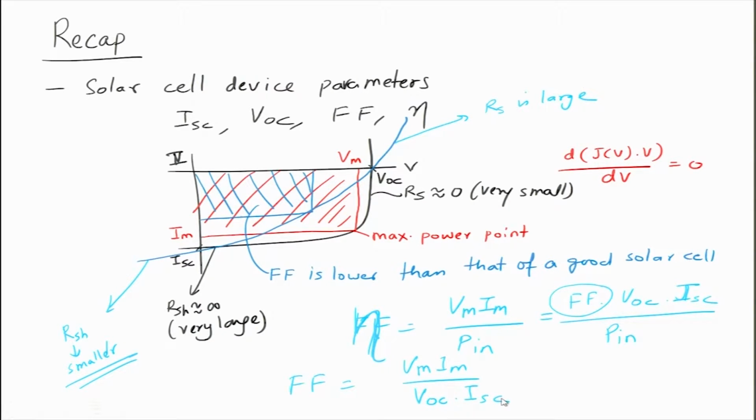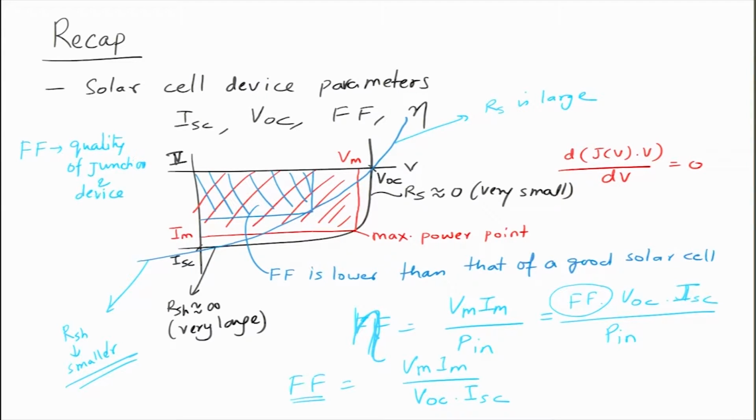So, you can see from these expressions, you want to maximize Vm Im, which is by maximizing fill factor, but you also would like to maximize VOC and ISC. From a device engineering perspective, fill factor depends upon the quality of the device and the quality of the junction.